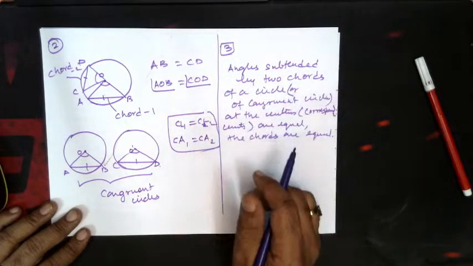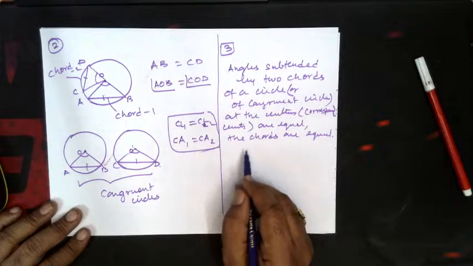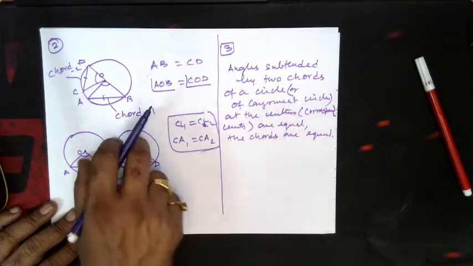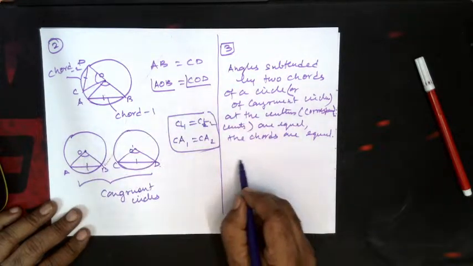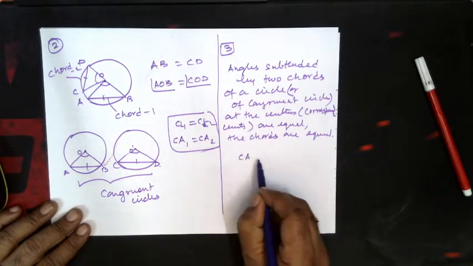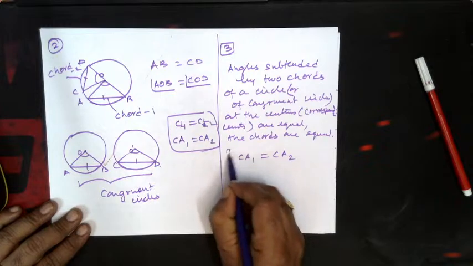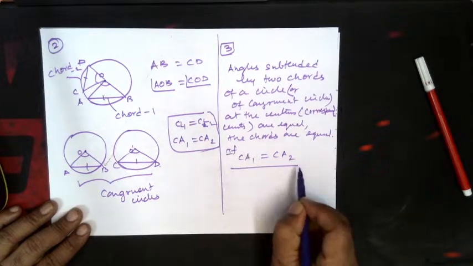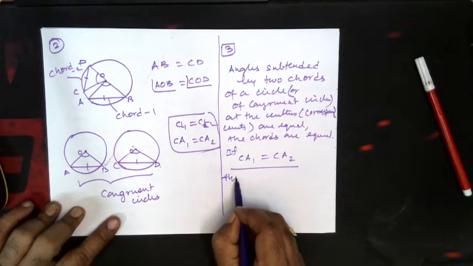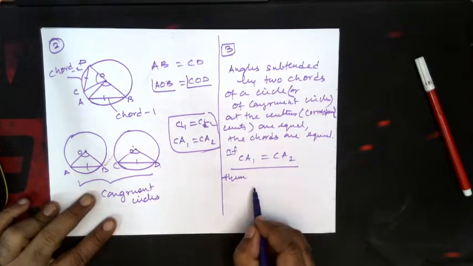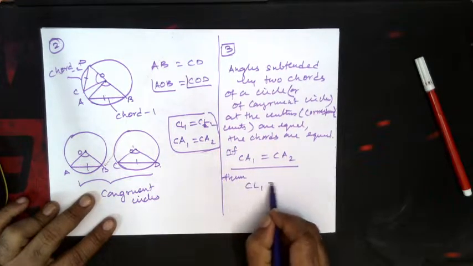Now the next theorem is the converse of this second theorem. That is, if chord angles are equal, then chord lengths should be equal.